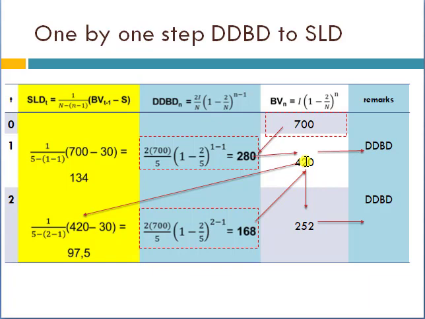Now we are going to subtract the book value in the previous year with the depreciation that comes from the DDBD again. 420 minus 168, and the result is 252.